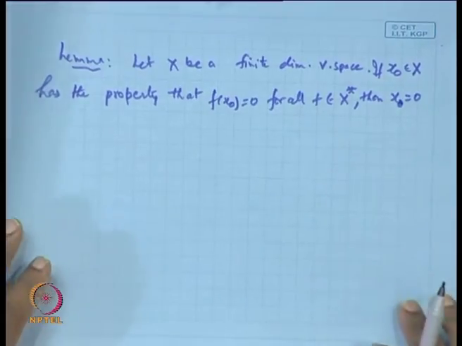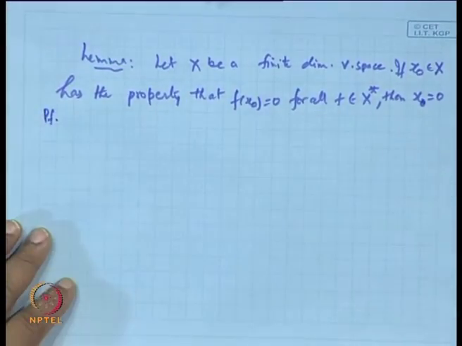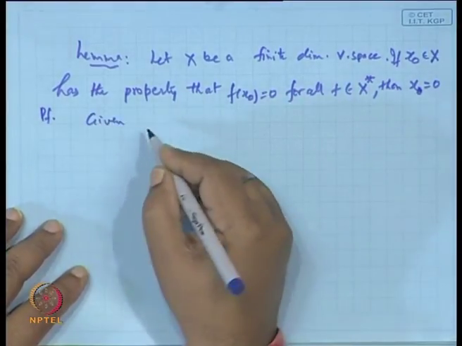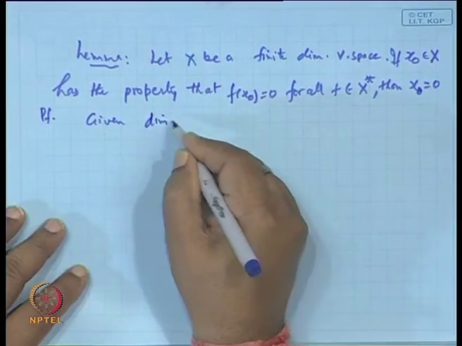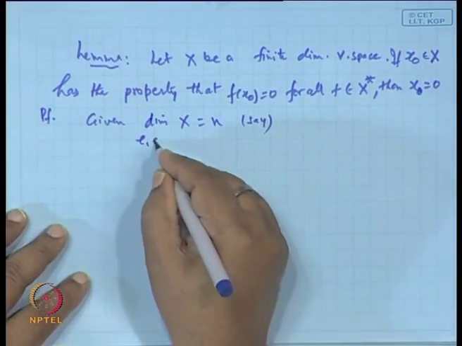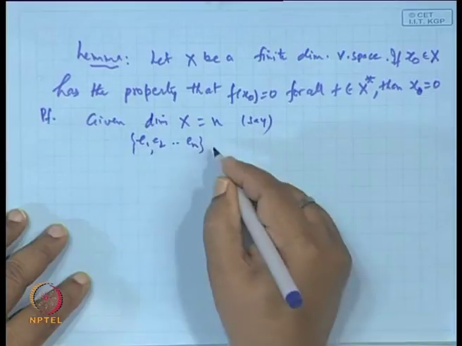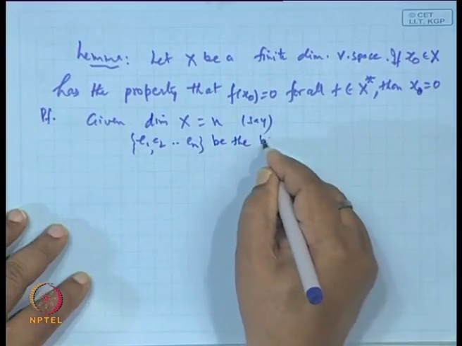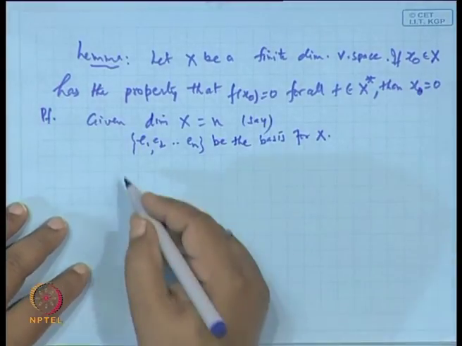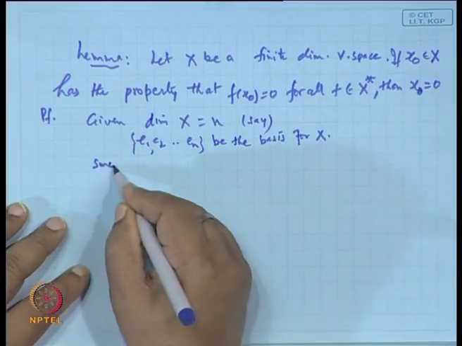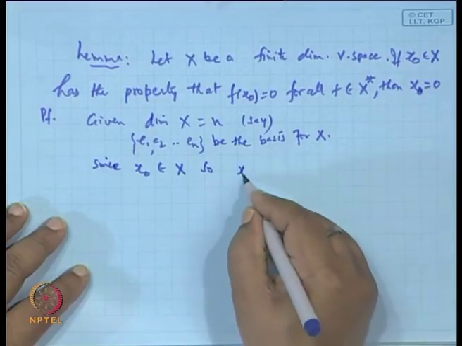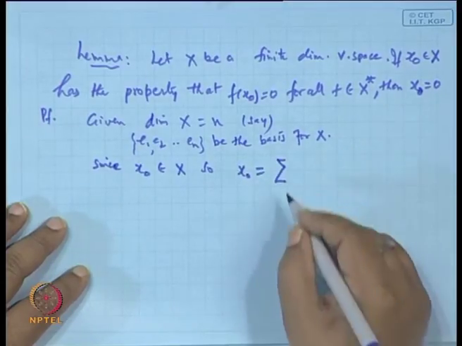Is it clear? The proof is again simple. The dimension of x is given, say n, and e1, e2, en be the basis for x. So, x naught is a point in x. So, x naught can be expressed as a linear combination of these basis elements.